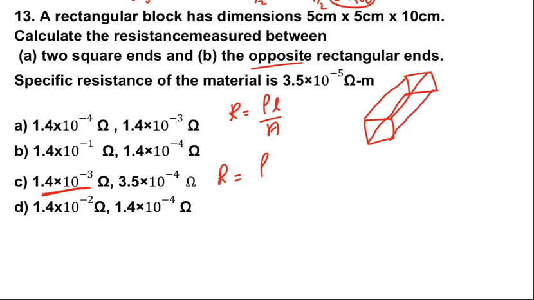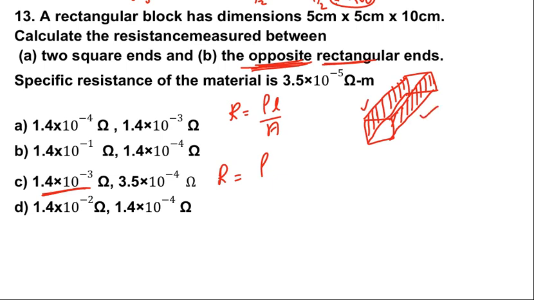In this, he is asking the resistance between opposite rectangular ends. That means these are the opposite rectangular ends, and this is one side and this is the other side. So between these two ends we need to calculate the resistance.